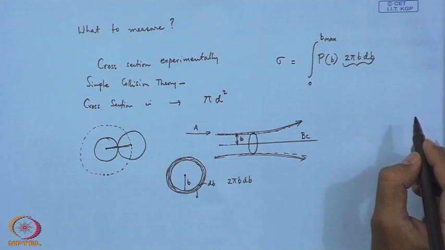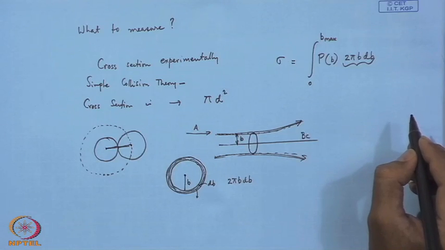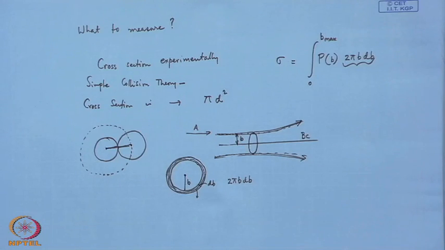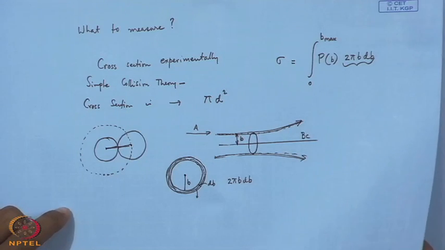So, what is this P(b)? P(b) is the opacity function, and it represents the fraction of the collisions with impact parameter b that gives rise to chemical reaction.